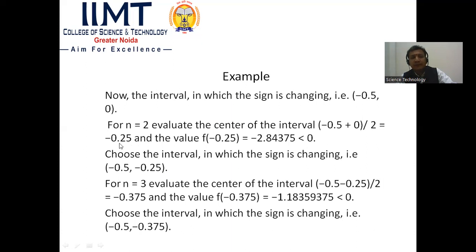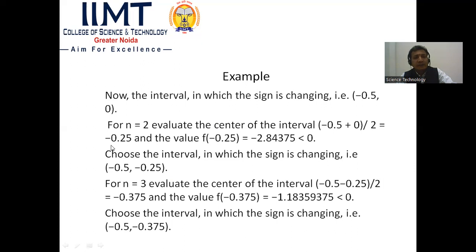And we will calculate the functional value at this point, minus 0.25, which is minus 2.84375, which is less than 0. As I told earlier, the functional value should be opposite at the ends of the interval.